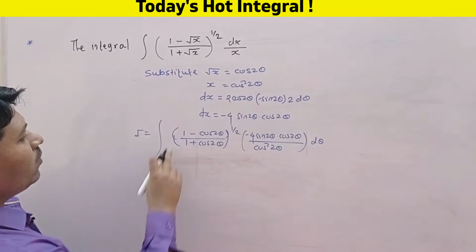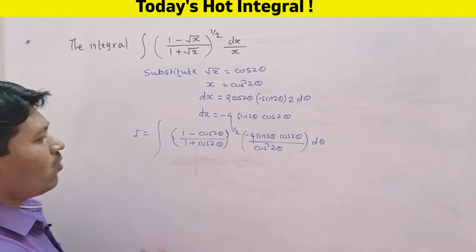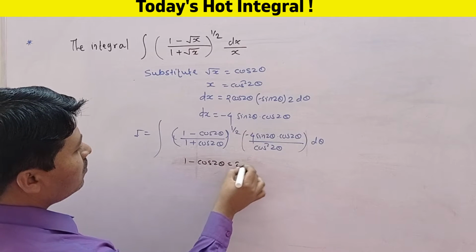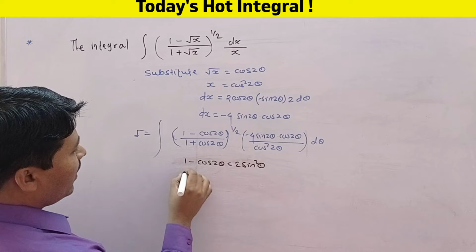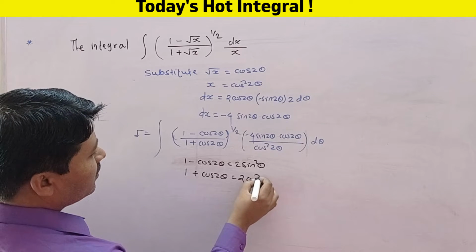And we know the related formulas: 1 minus cos 2 theta is equal to 2 sine square theta, and 1 plus cos 2 theta is equal to 2 cos square theta.